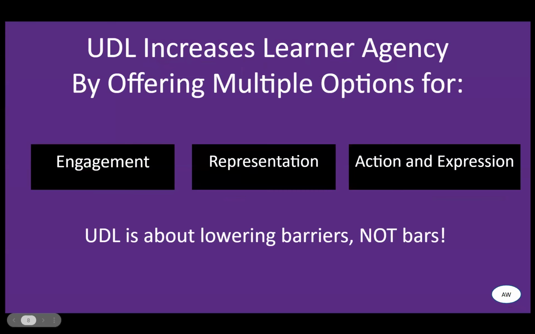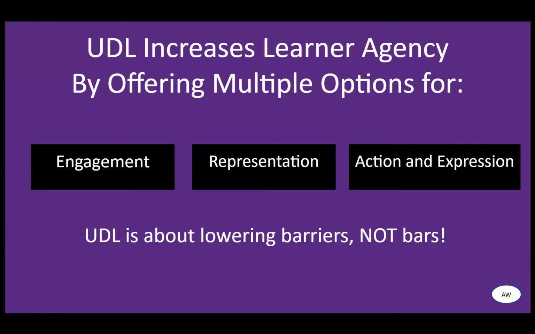UDL increases learner agency by offering multiple options. CAST, the agency behind the guidelines, and much of the research providing empirical evidence for their success, will frequently frame this as designing for multiple means for engagement, representation, and action and expression. CAST will also almost always put these three overarching guidelines in this order, but please note that this does not mean you must also work through them in this order, nor do you need to complete one guideline before exploring another.